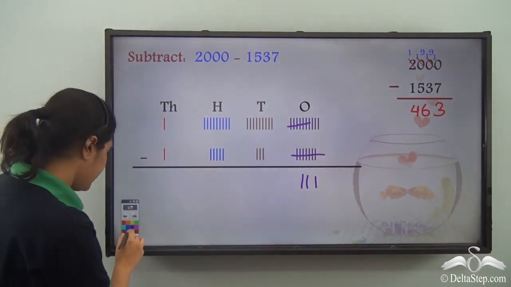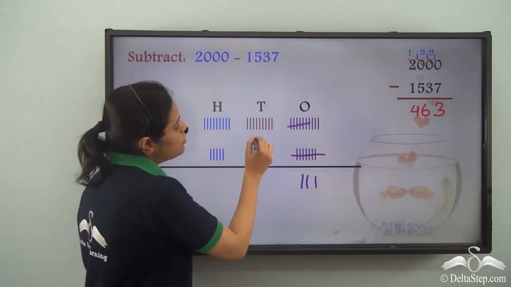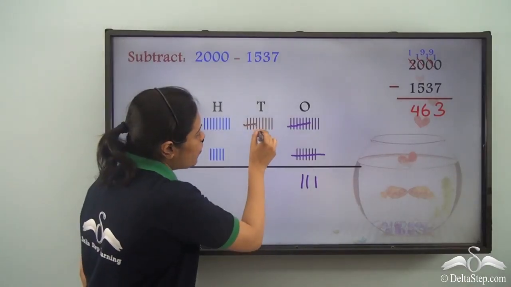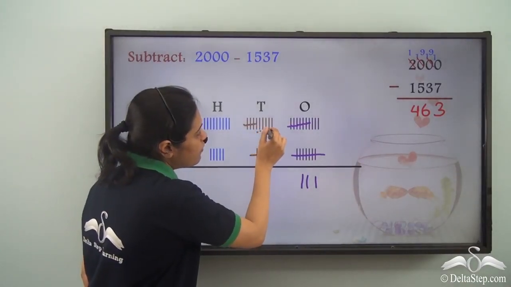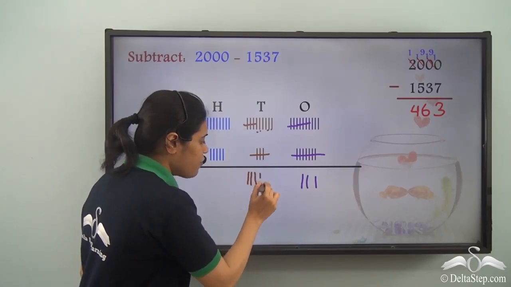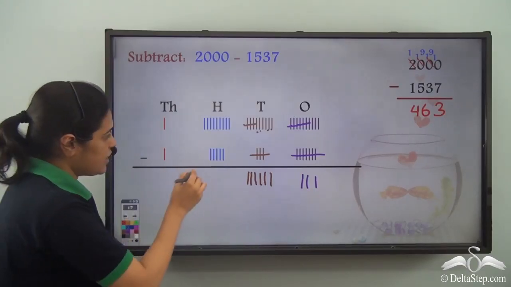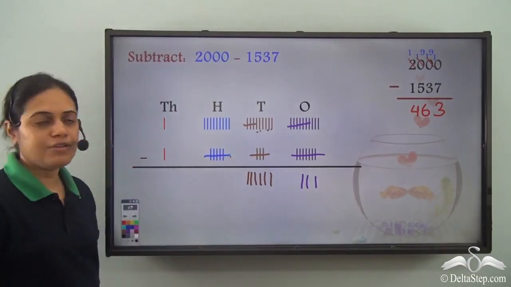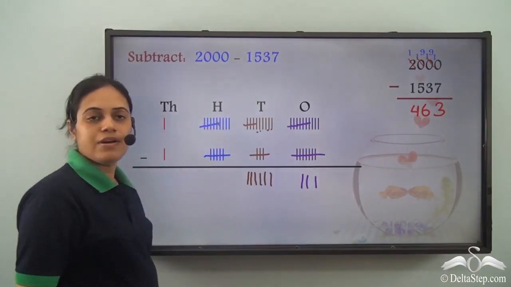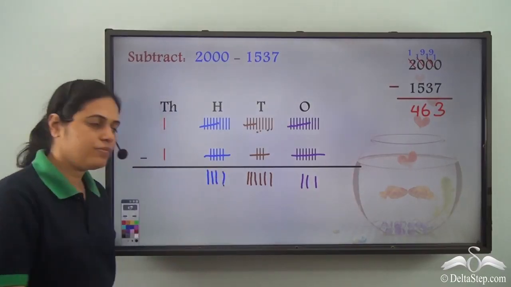In the tens place, I have to take away 3. So 1, 2, 3 and I am left with 1, 2, 3, 4, 5, 6. In the hundreds place, I have to take away 5. So 1, 2, 3, 4, 5 and I am left with 4.